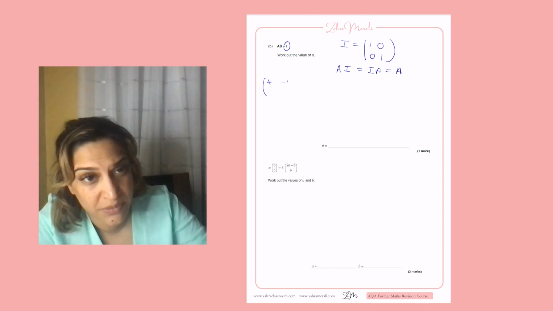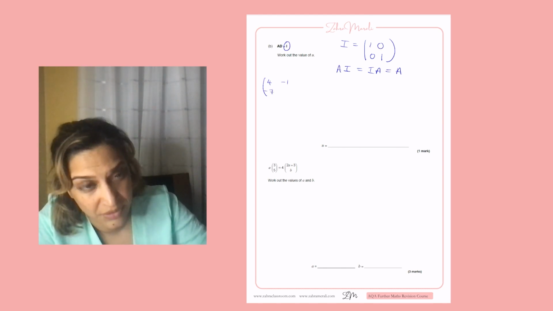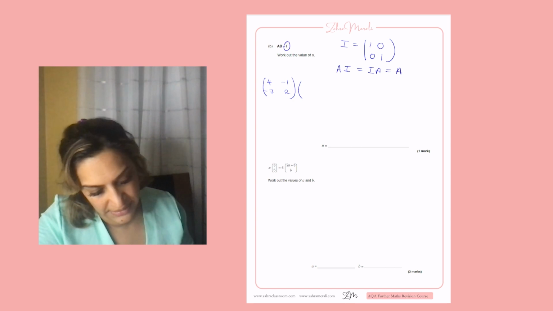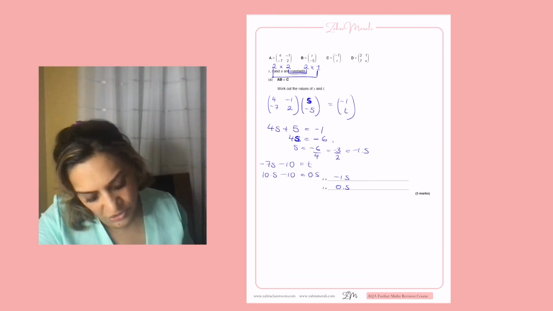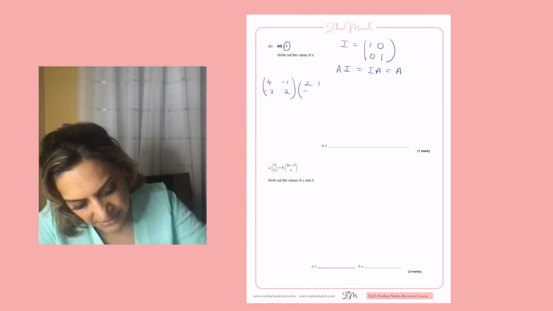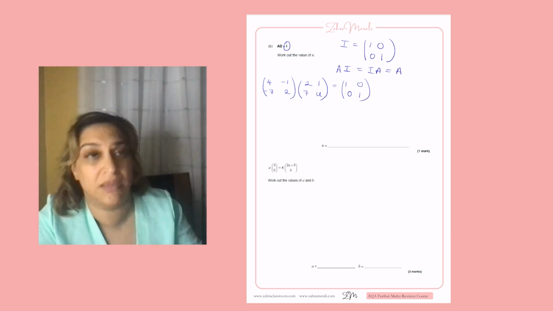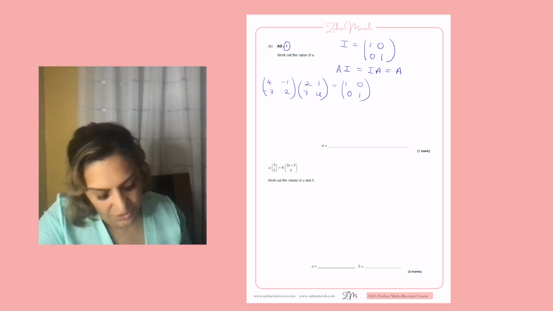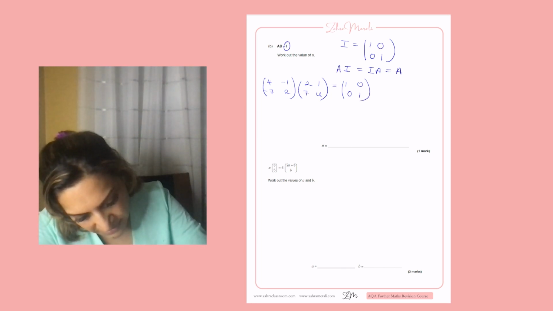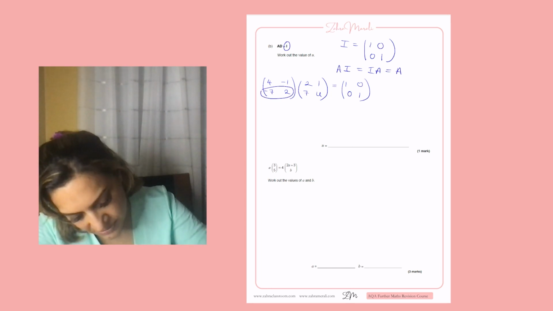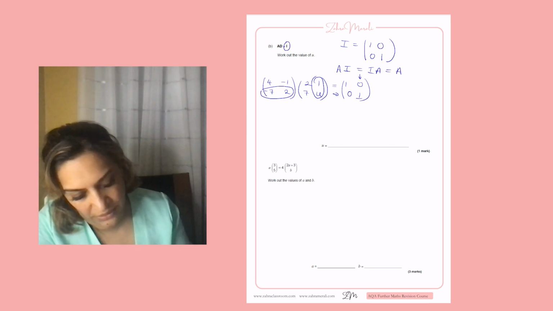Okay, so A, it tells us, is (4, -1; -7, 2). D is (2, 1; 7, u). And we're saying this equals (1, 0; 0, 1). So when we do the second row by the first column, I get 1.